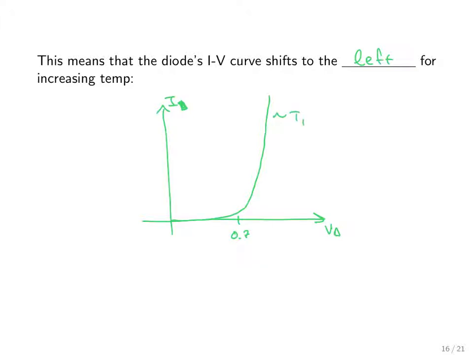If we have one temperature T1, and then we change the temperature, specifically here we're increasing the temperature, so this is at temperature T2. Then T2 here is greater than T1.